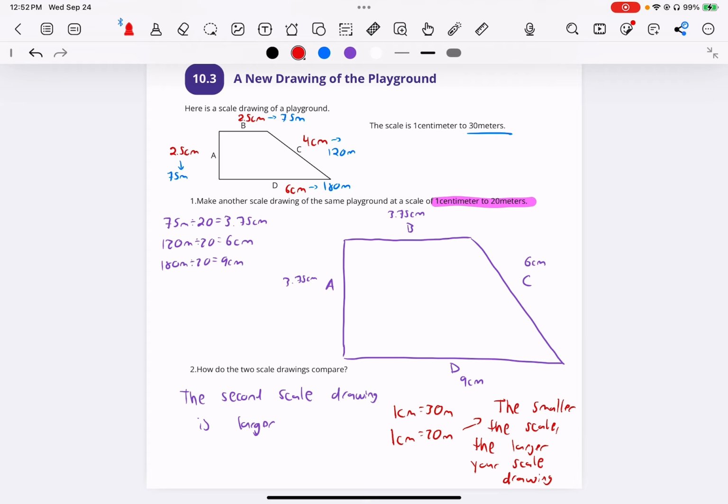And if we wanted to determine how many times larger it would be, we just take the 30 meters divided by 20 meters, and we would have 1.5. So it is 1.5 times larger.